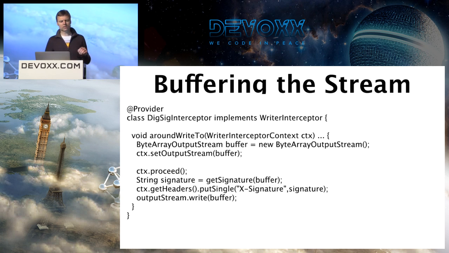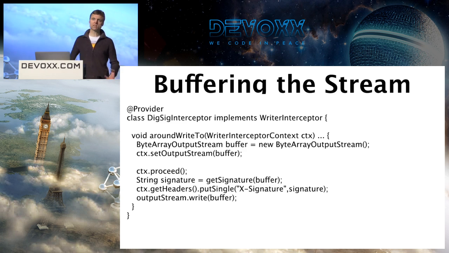Since we are blocking, we are sucking up all the data flowing through the stream into our byte array stream, and this causes the runtime to not send out the headers. So when proceed returns here, we still have access to the HTTP headers. They have not been streamed because there was no data in the actual output stream. So at this point we can set additional headers and then take our buffer and stream the whole buffer.